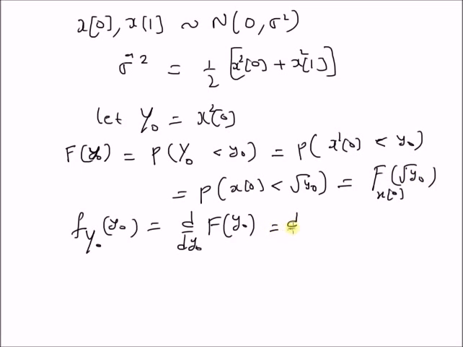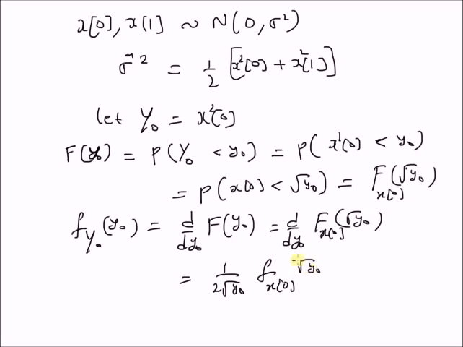So this is equal to the derivative with respect to y0 of the CDF F x0 at square root of y0, which is equal to, first we need to find the derivative of the square root of y0, which is 1 by 2 times square root of y0, and then the derivative of the CDF function, which is the PDF function, defined as f x0 of square root of y0.